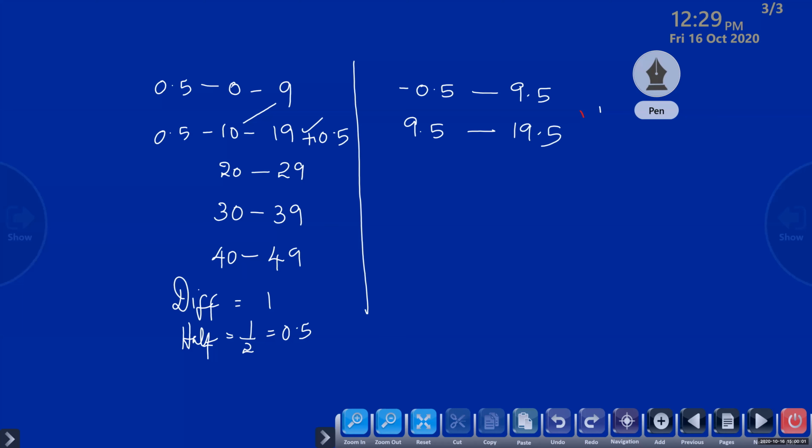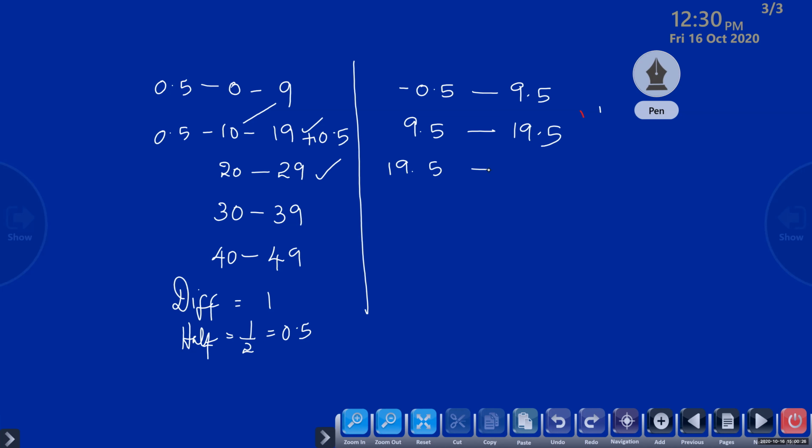What about this class? Subtract 0.5 from 20. What is the answer? 19.5. And what is upper limit?